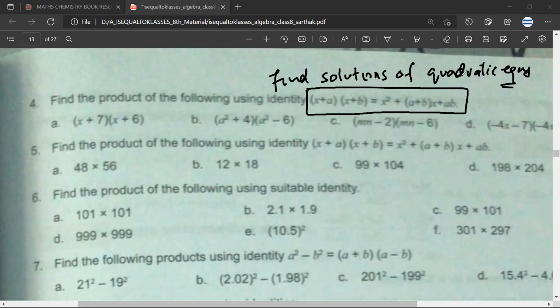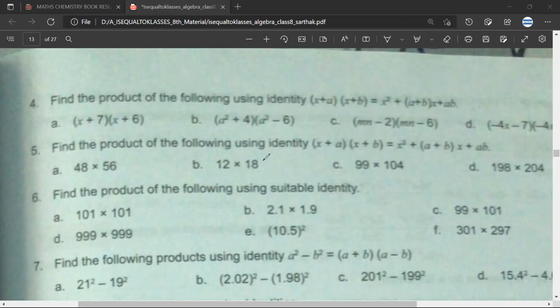Now quadratic equations are equations which have degree 2. So you won't be doing that in class 8. You will be doing that in class 9th and 10th. So don't worry, but this would be used again. Any doubt? No, sir.